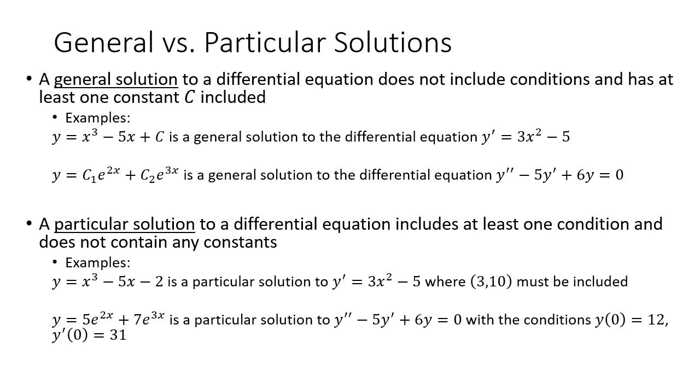In case you were wondering, for a third order differential equation, you do need 3 initial conditions. To solve for particular solutions involves first finding a general solution and then inserting initial conditions to solve for the constants.